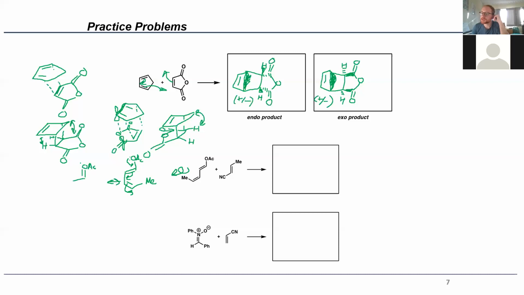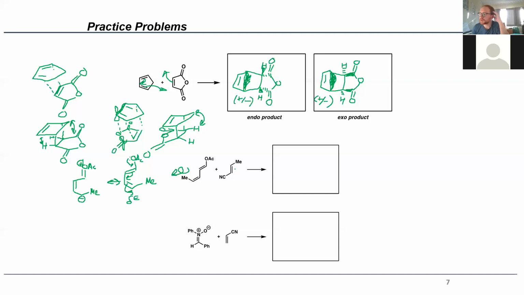Which tells us that this terminus is the one bearing electron density. And so this is the delta minus side.